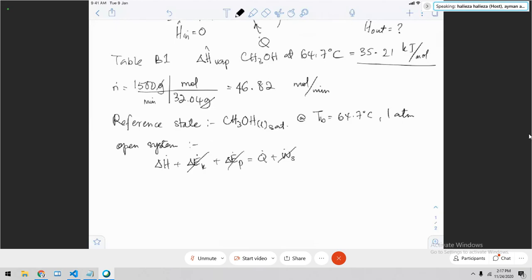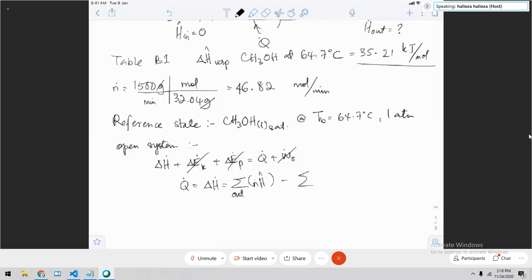You all know what to do. So we end up with Q equal to the change in the rate of enthalpy. Because this is an open system, it is out: molar flow rate times specific enthalpy, minus in: molar flow rate times specific enthalpy.